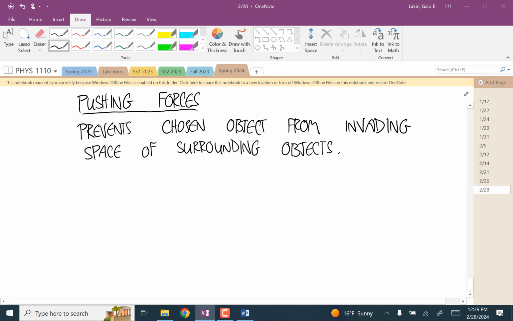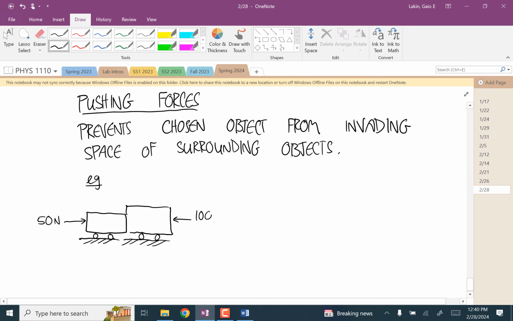So examples of pushing forces are like if you have two rolling carts in contact with each other. And let's say they're being pushed together by these two forces here. Let's say this is cart 1 and this is cart 2.